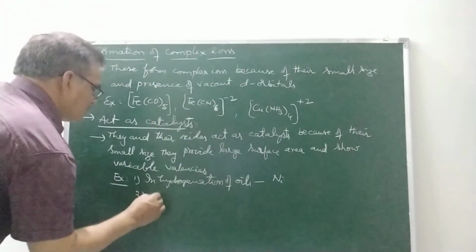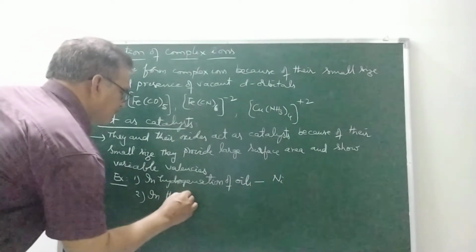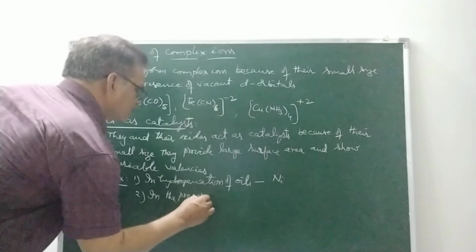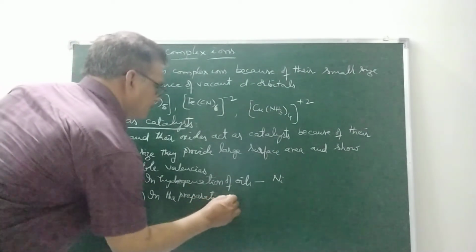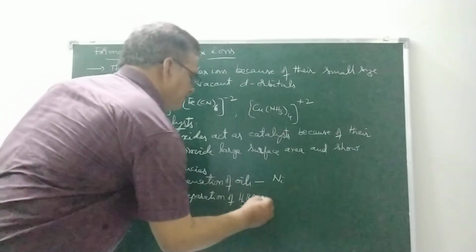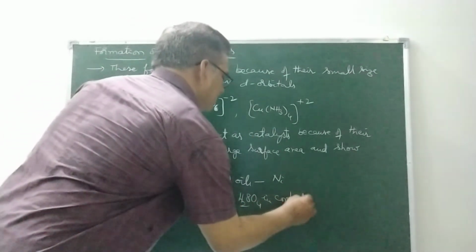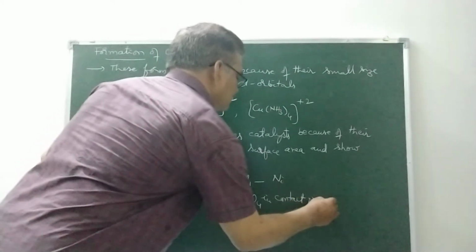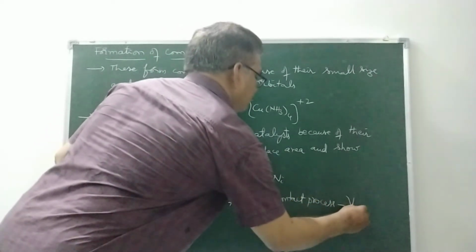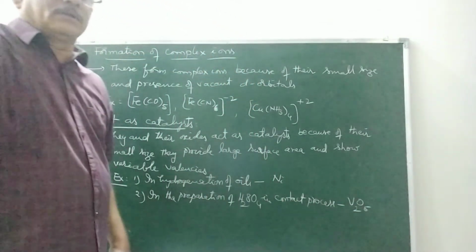Similarly, in the contact process, in the preparation of H2SO4, we use vanadium pentoxide V2O5 as the catalyst.